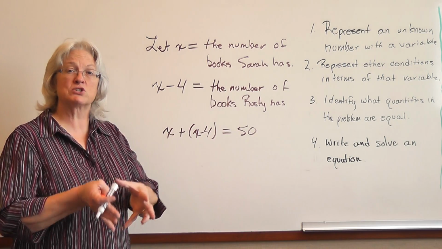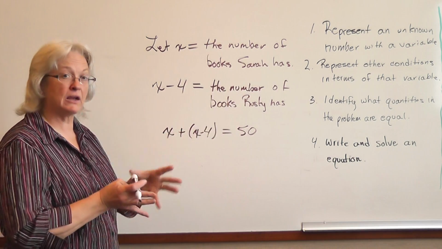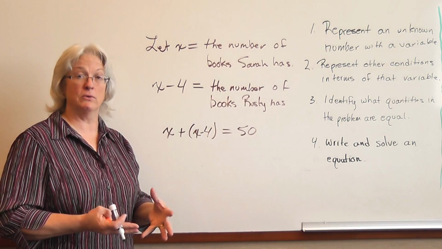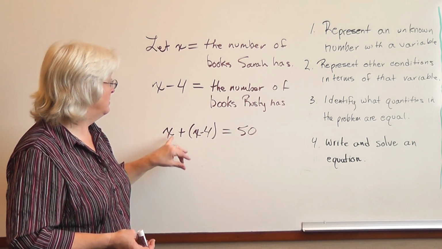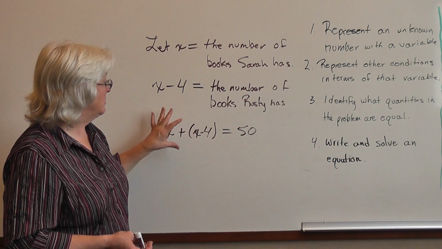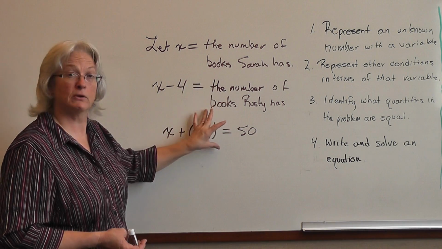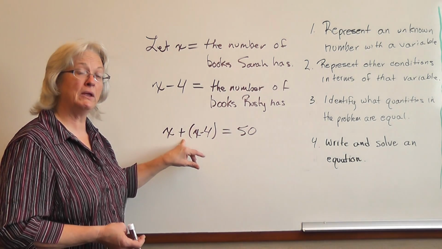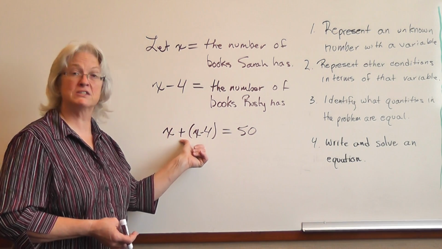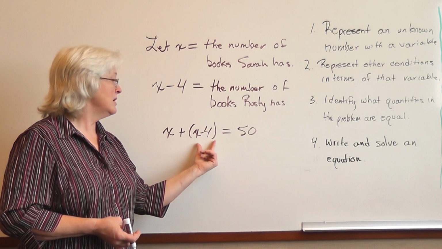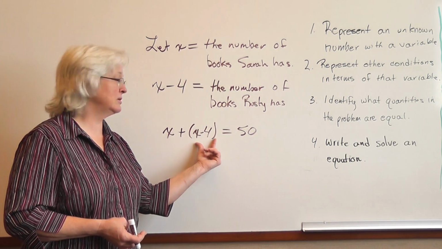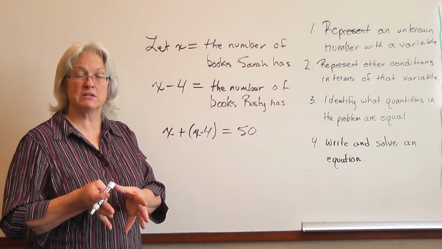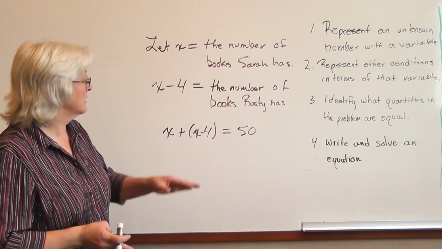Because it's that expression together, taken as a whole, that represents the number of books that Rusty owns. If you subtract Rusty's books from Sarah's books, and that would be equal to 50, then this plus sign would have been a subtraction. It would be important to make certain that you had that X minus 4 in parentheses, because if you didn't, it would change the problem.